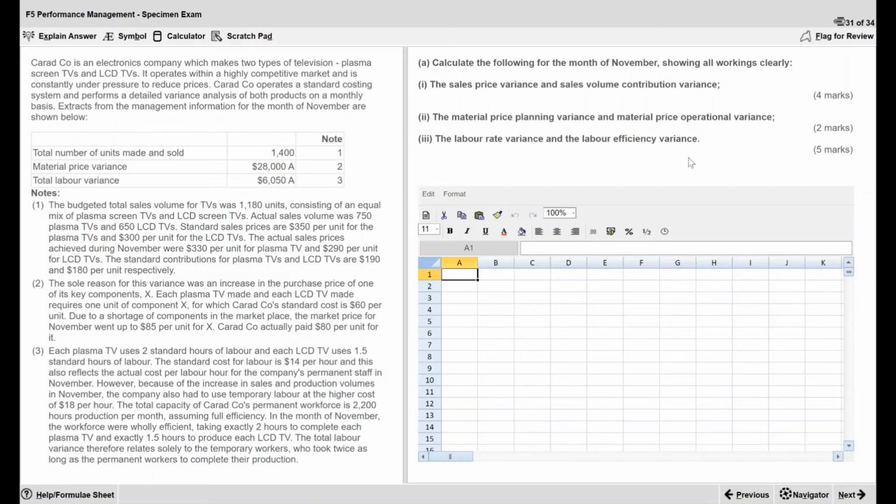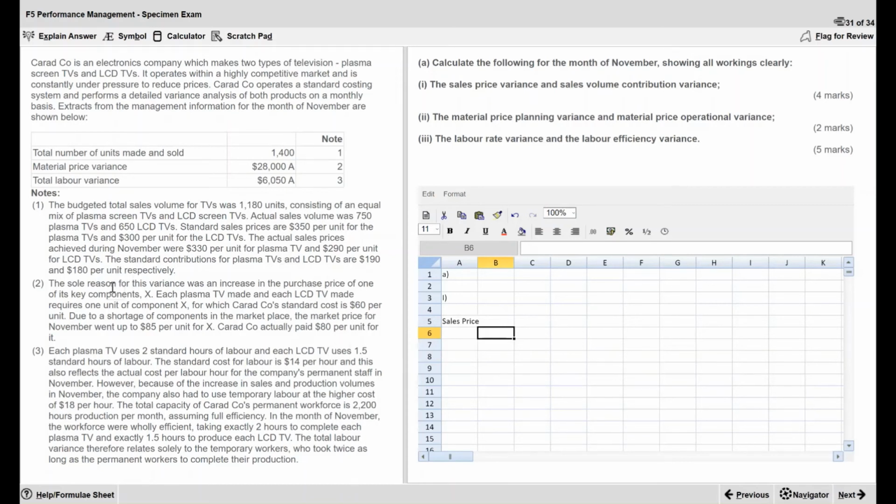Okay, so we have section A. And first we have sales price and volume variance. So remember, sales price variance basically means what is the price at which we should have sold the units and what is the actual price for which we have sold.